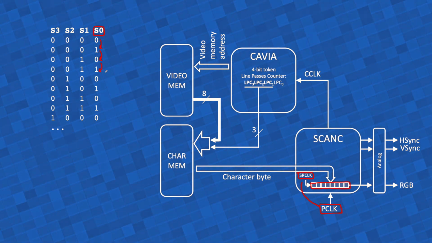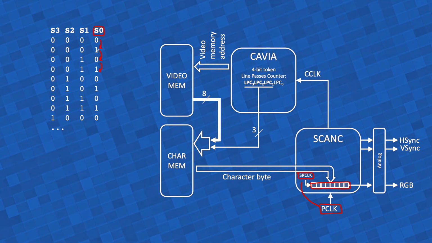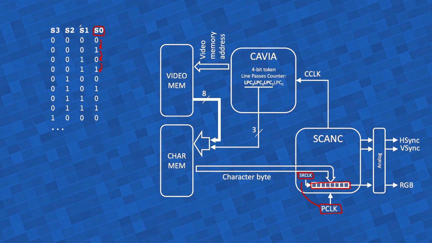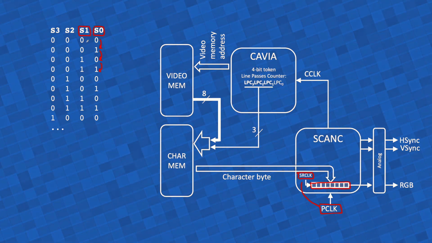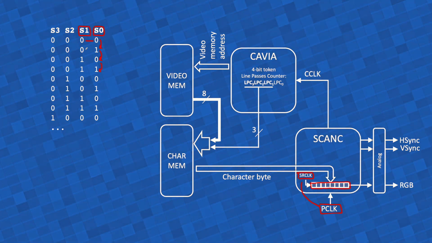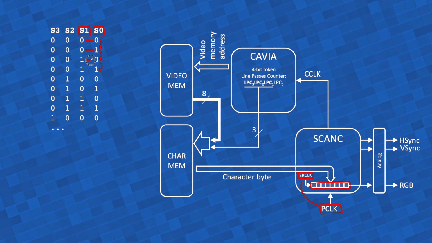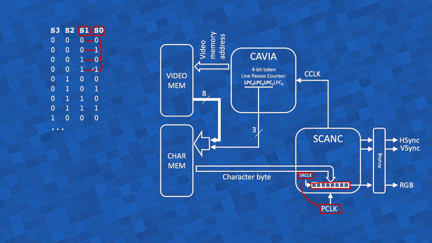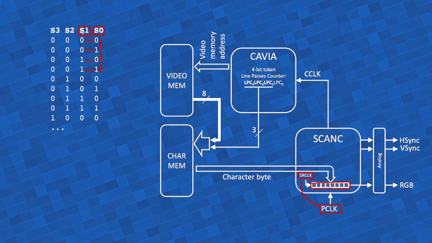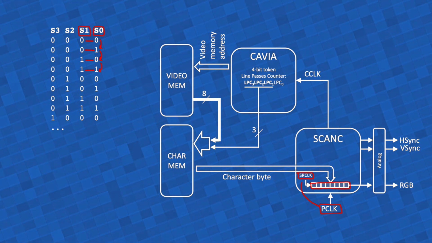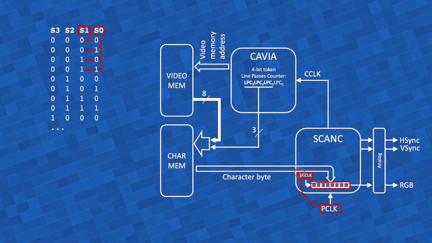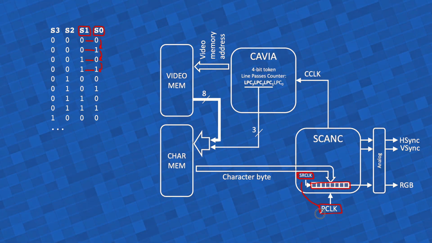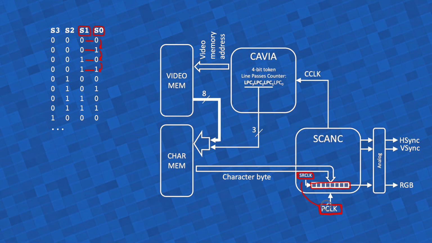So S0 changes state with the same frequency as the pixel clock, and S1 in turn changes state with half the frequency of S0, as you can see here. So what I said before was, well, if we just get the state of S1 for the shift register clock, then we will have half the frequency of the pixel clock. And that, of course, was wrong.